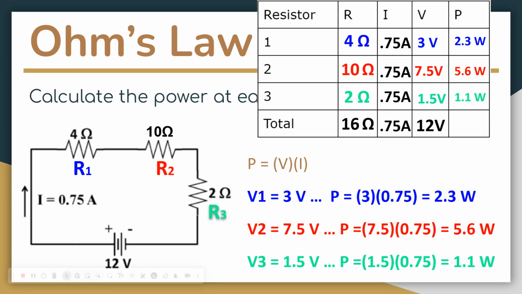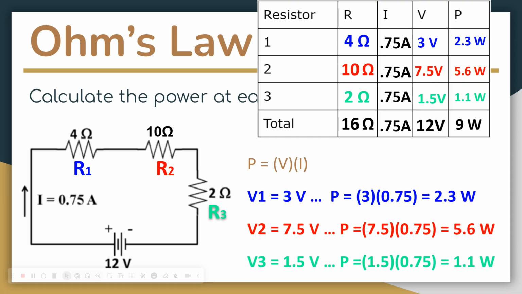And you can get your total power either by doing the same equation, V times I for the total, or by adding together the powers. Either way, you're going to get the same thing, and that's going to be 9 watts. Whether you add together those individual powers or whether you do 12 times 0.75, you're going to get 9 watts. That'll be the total power dissipated by your circuit.